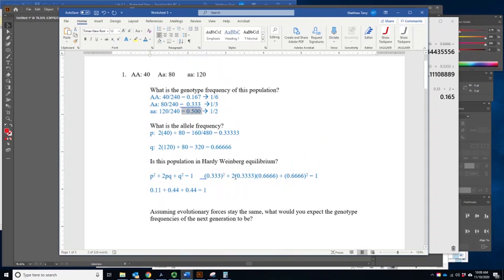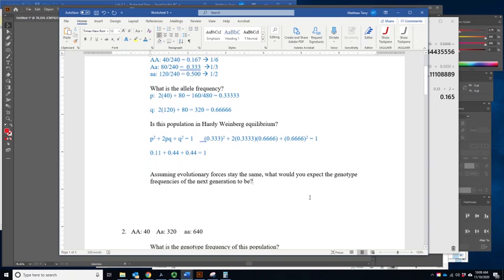Okay? So assuming evolutionary forces stay the same, what would we expect the genotype frequencies to be in the next generation? This is a little bit difficult to predict. So for this answer, I'm going to show you some of the options. If these evolutionary forces are continuous, then we might expect to see the same values.